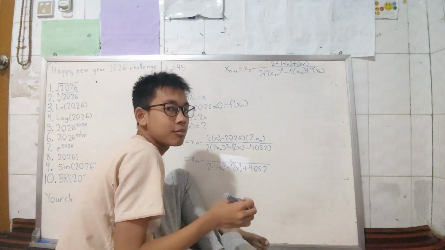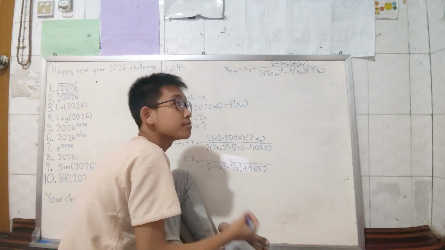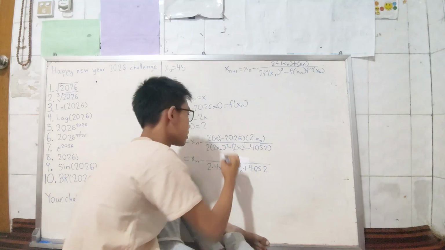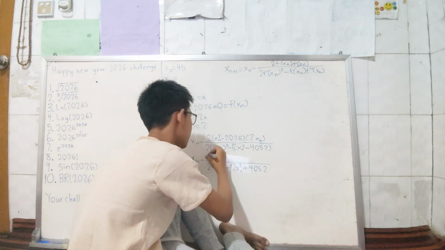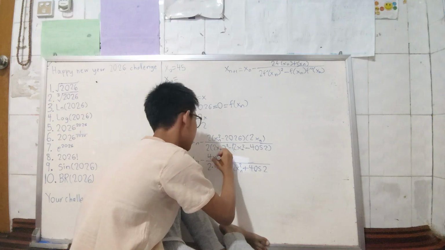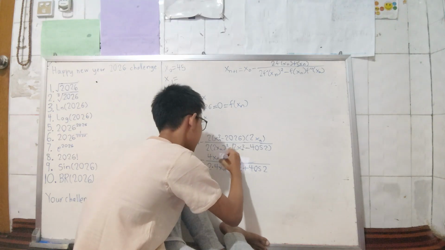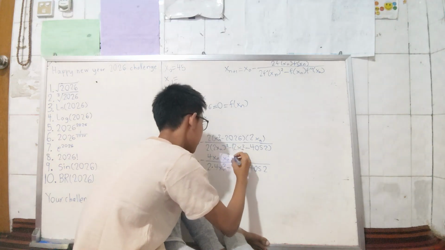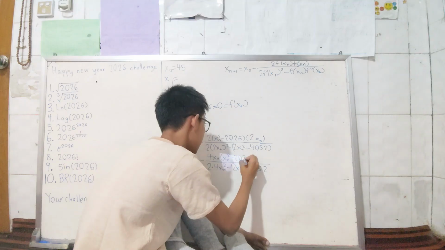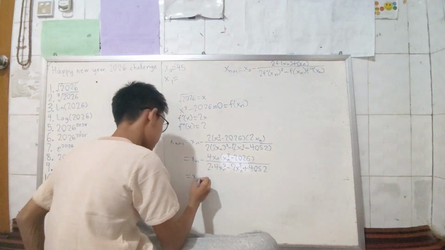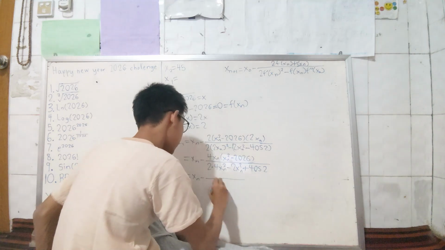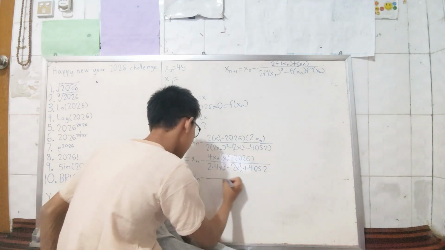I'm using Halley's method because it's much faster than Newton's method. So the numerator is 4 times x of n times x of n squared minus 2026, and that's equal to x of n minus a really giant fraction.